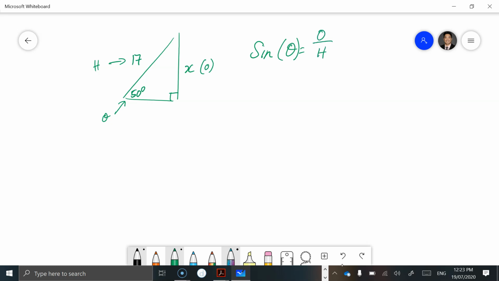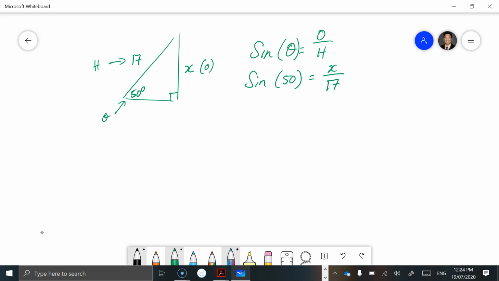So we are working out what x is equal to. We're going to substitute all of the pieces of information that we have into this formula. So sine of 50, because that is what theta is equal to, the opposite, which we have as x, divided by the hypotenuse, which is 17.